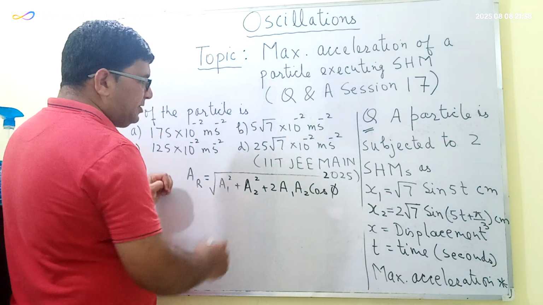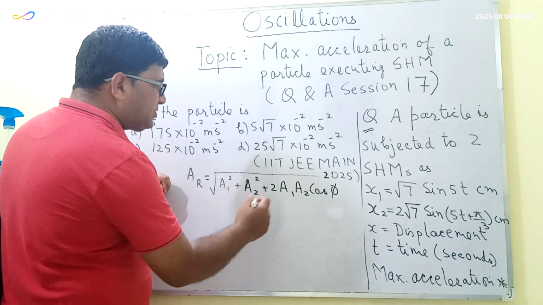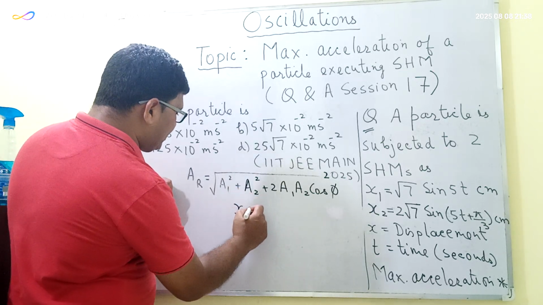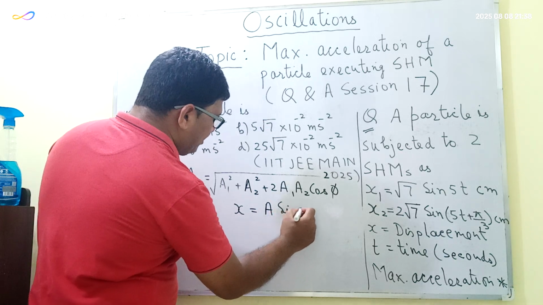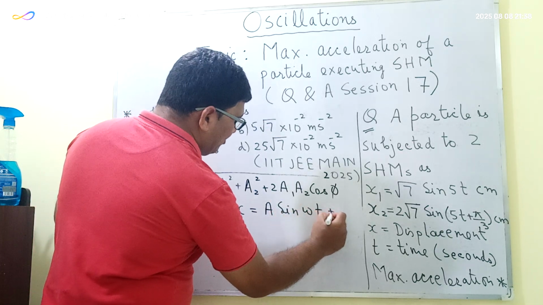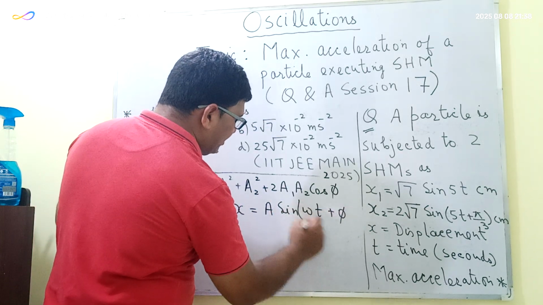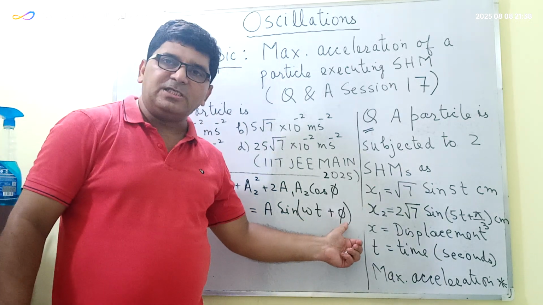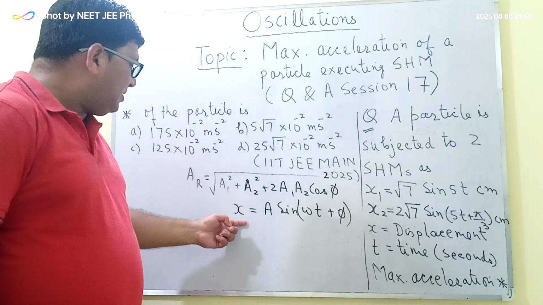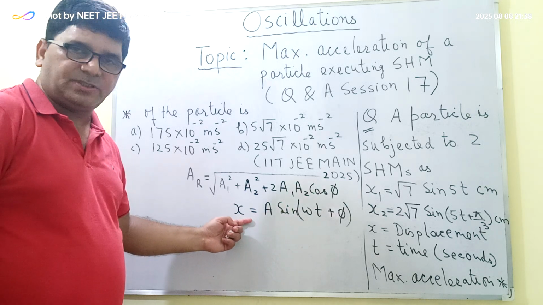Now the displacement equation of a simple harmonic motion is given by x is equal to a sine (omega t plus phi). Now here phi is what? It is the initial phase of the simple harmonic motion.